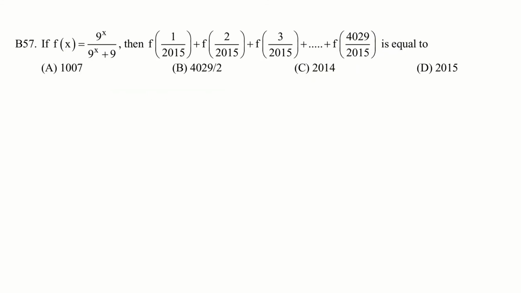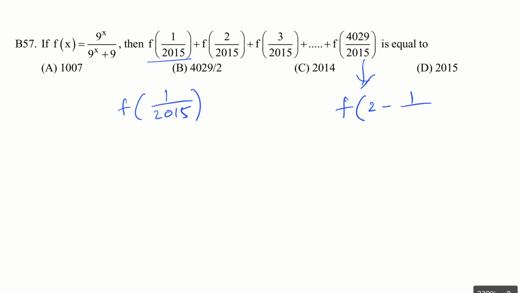See, in this problem, this is f of 1 by 2015, and this is f of, if I divide numerator by denominator, I'll get 2 plus 2 minus 1 by 2015.